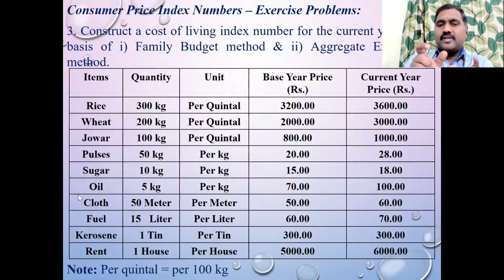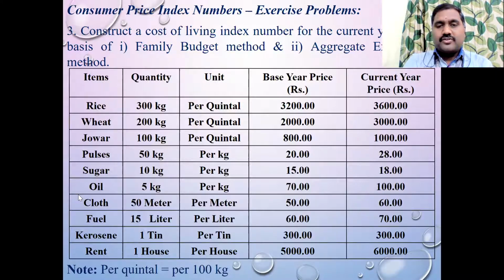So if you are converting 3,200 per quintal to per kg, what do you have to do? Can anyone tell me how you can convert the first three price values of base and current year, which are given per quintal, into per kg? That means 1 quintal is equal to 100 kg.